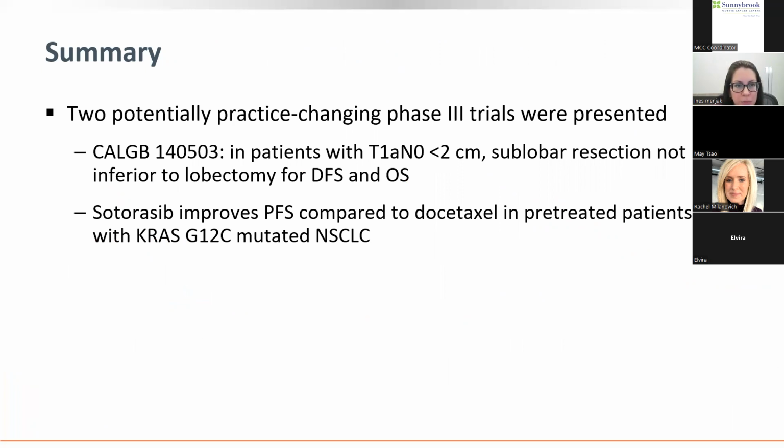So the CALGB study looking at sublobar resection for peripheral lesions that were T1a N0, less than 2 centimeters, showing that sublobar was not inferior to lobectomy for DFS and OS. The other phase 3 study was sotorasib, showing improved PFS compared to the standard of docetaxel in pretreated patients with KRAS G12C, which make up about 14% of our patients.